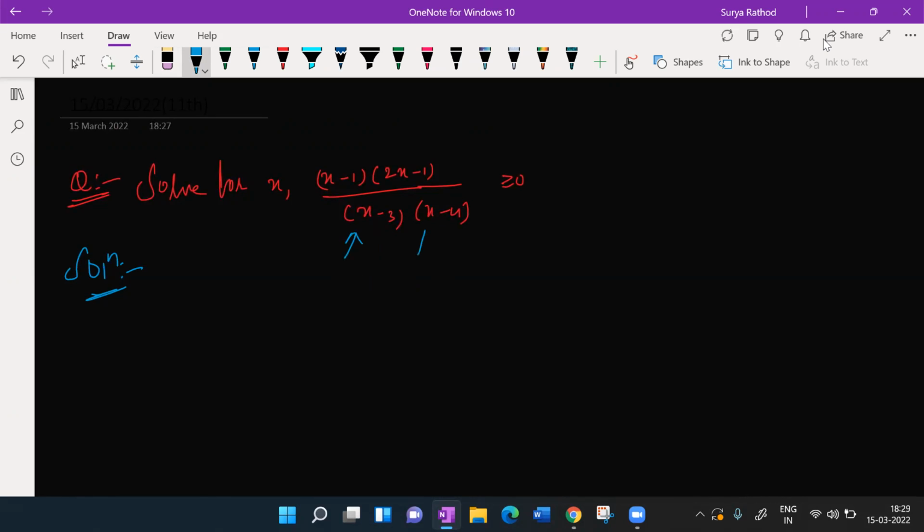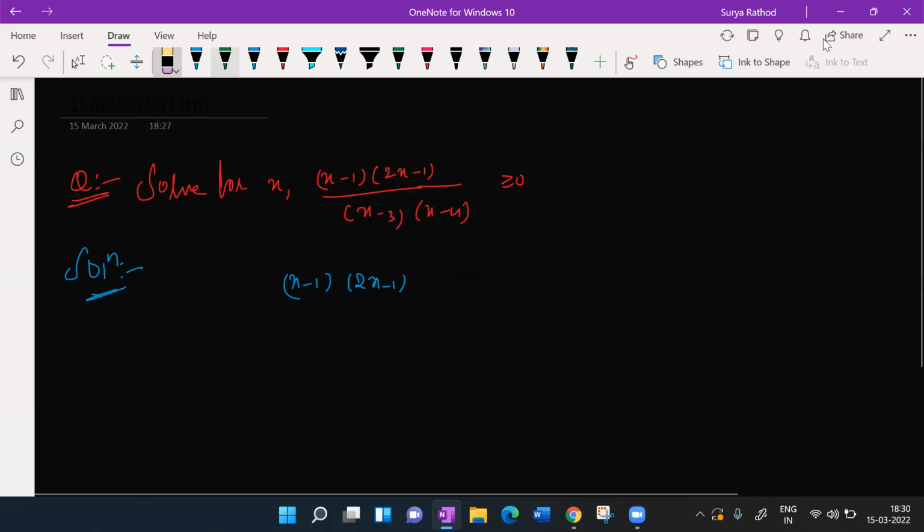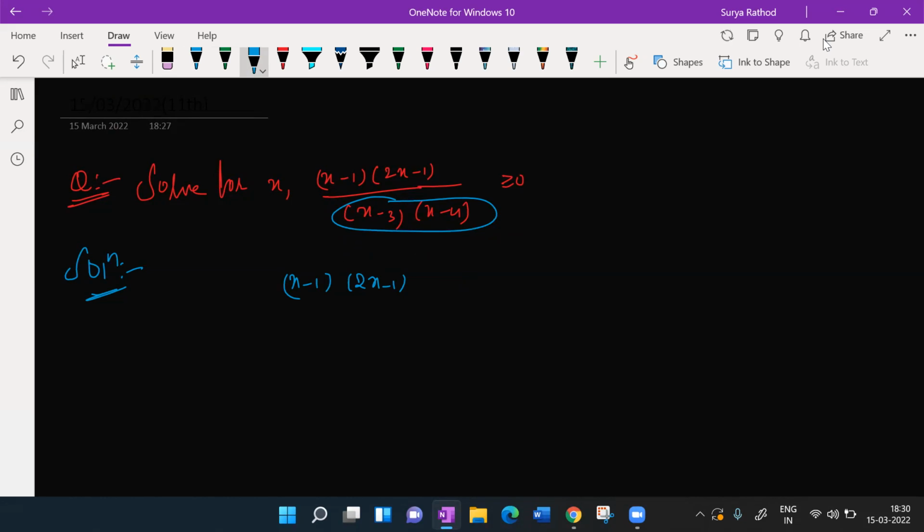In such cases, don't multiply like this and solve the question. Don't simply shift these two terms to the right hand side and multiply with 0 so that you get 2x minus 1 into x minus 1 greater than or equal to 0. Don't do that, since I do not know whether the denominator is negative or positive.